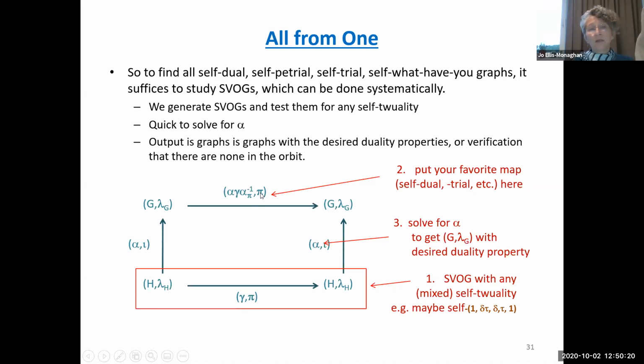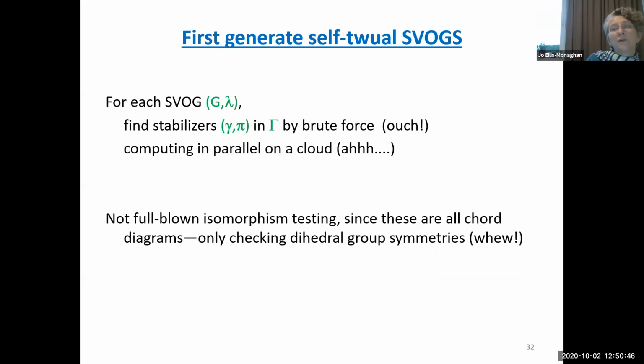In our case, these Wilson, these self-trial graphs, we put that here, and then we solve for the element that takes this well-behaved guy up to the guy we want. And it turns out to be quite quick to solve for these. It's linear in the number of cycles of the permutation. So that's lovely.